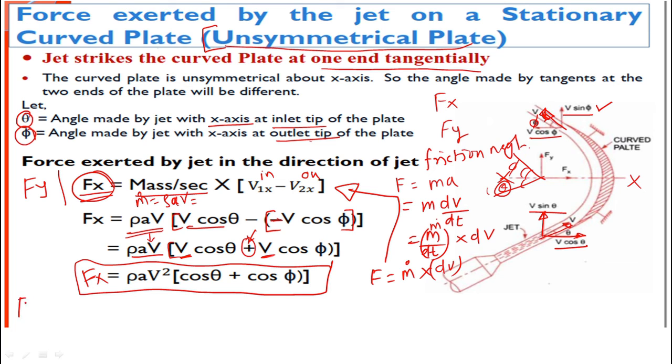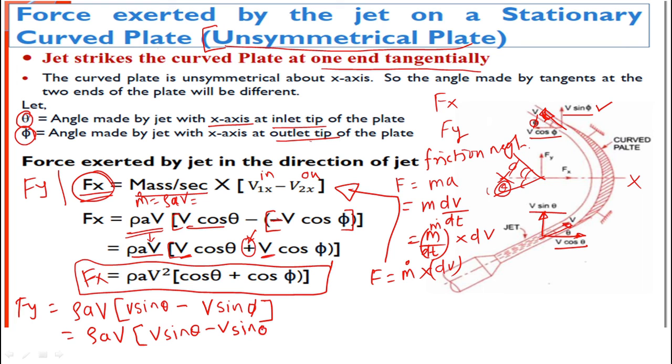Similarly we can find it for the y direction. The mass flow rate is the same, rho A V, into the initial velocity in the y direction, v sin theta, minus the final velocity in the y direction, v sin phi.